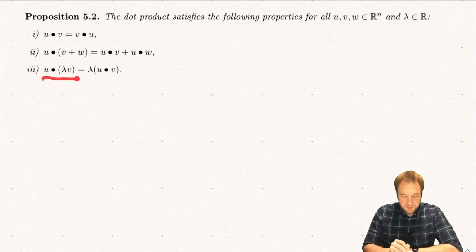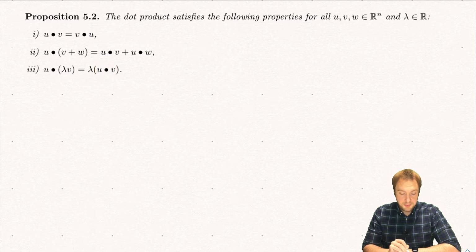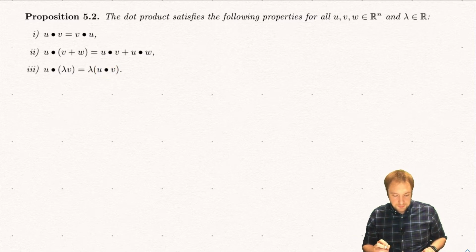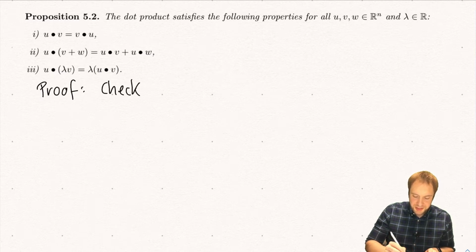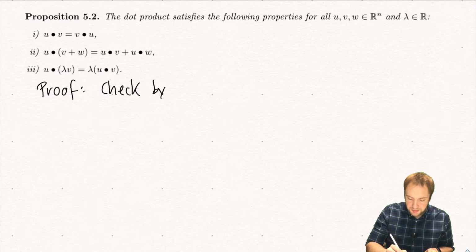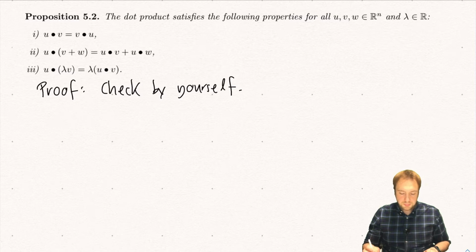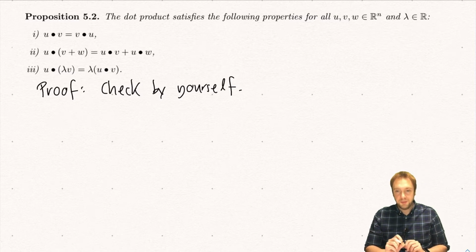And the third statement is that if I have some scalar here, so I take the dot product of u with lambda times v, then I can also just first take the dot product of u with v and then multiply with lambda. So the proof is, check by yourself, maybe just with a few examples, but it follows directly by the definition.